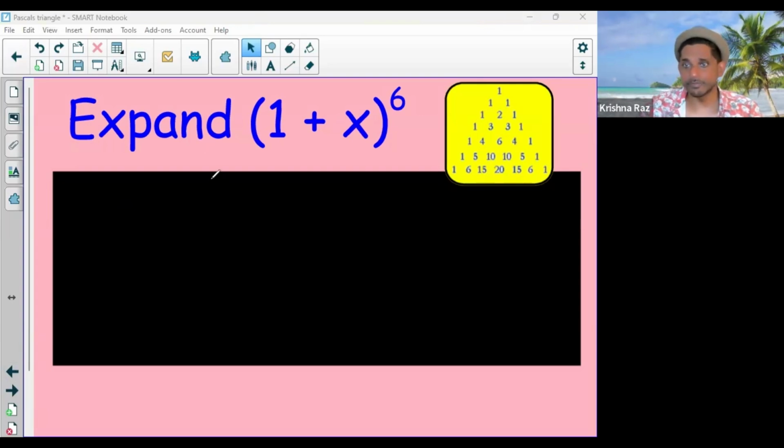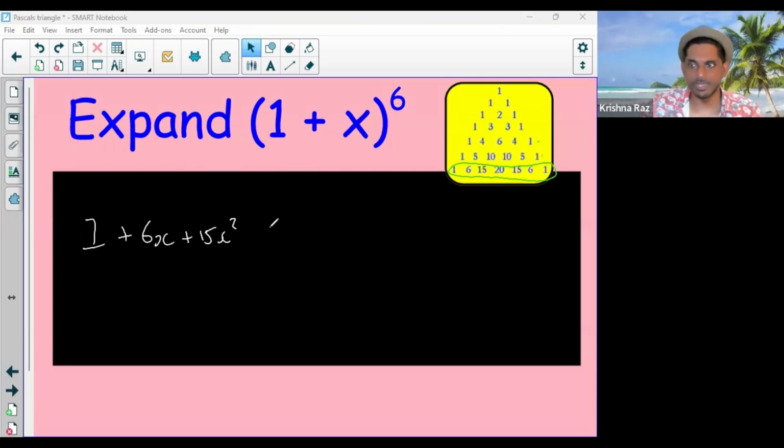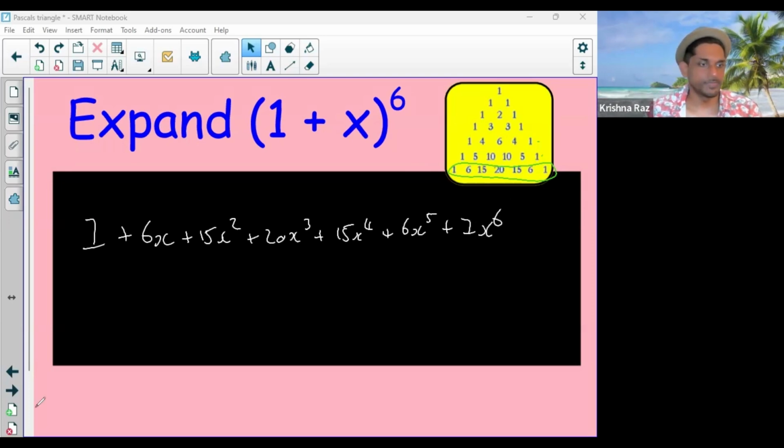We should get x to the power 6 will be this bottom line here. So x squared, x cubed, x4, x5. So what you should get is 1 plus 6x plus 15x squared plus 20x cubed plus 15x to the power 4, 6 for x to the power 5, and then 1x to the 6.